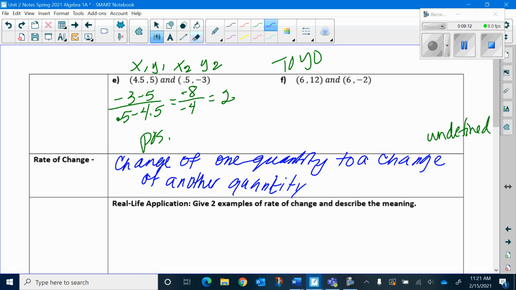Right, don't know what I just wrote there. Let's try it again. There you go. So the change of one quantity to a change of another quantity.